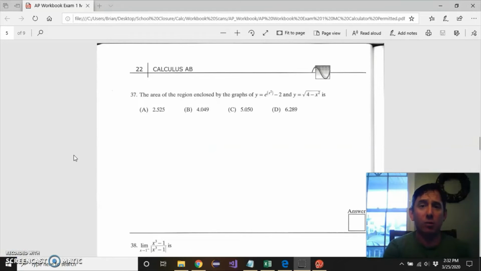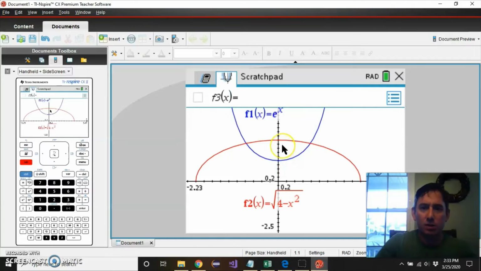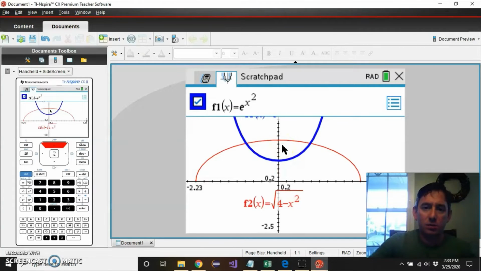Okay, for 37, we're finally going to get to go back to our calculator on this calculator section. We have 2 functions, e to the x squared minus 2 and y equals, looks like the top half of a circle. So we want to find the area of the region enclosed by those graphs. I already went ahead and graphed them, although I think I forgot the minus 2. So let's throw that in.